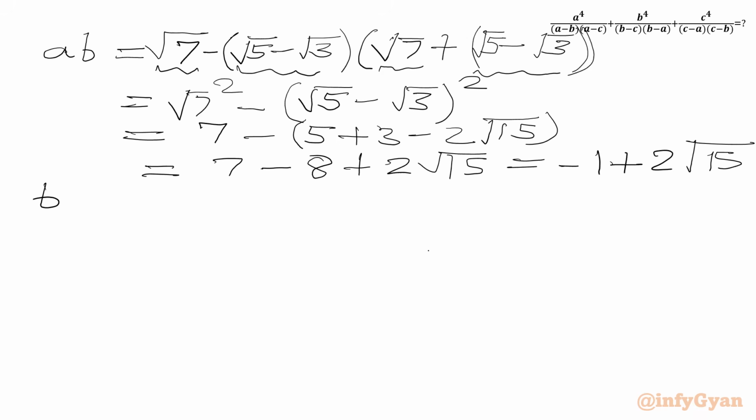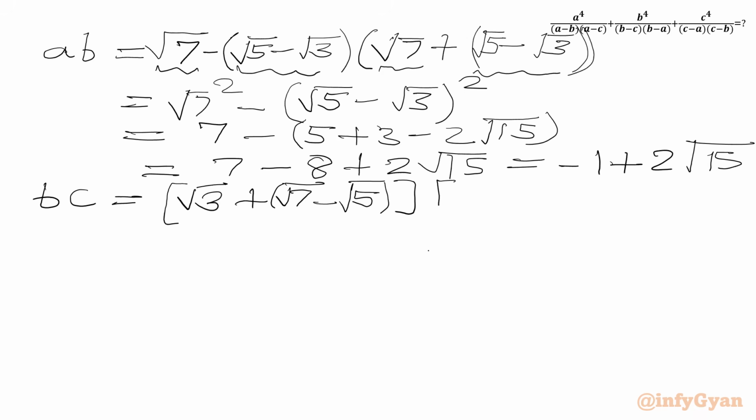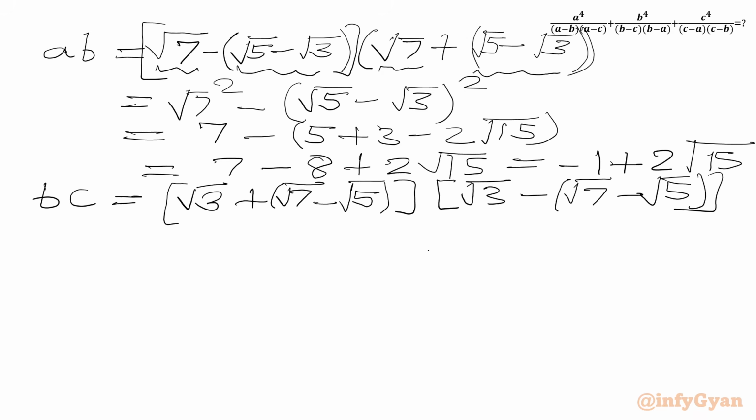Now our target is to find BC. So I can write B as (root 3 plus root 7 minus root 5) in one bracket, and in the other bracket we'll write (root 3 minus square root 7 minus square root 5). We will use the difference of two squares formula once again.